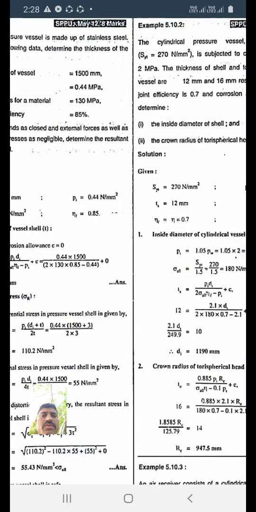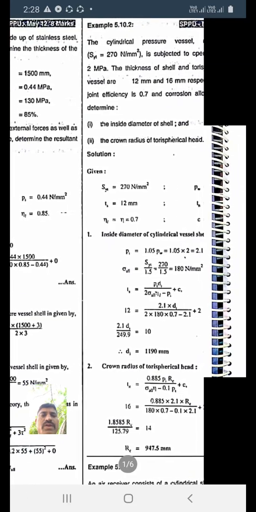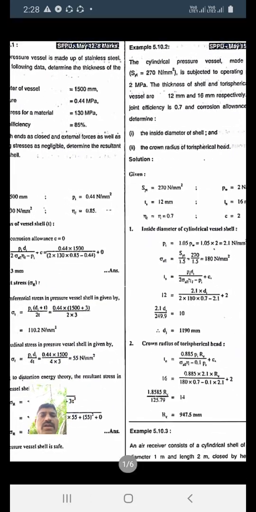The thickness of the shell and torus spherical head of the vessel are 12 mm and 16 mm respectively. Okay, both thicknesses are given. TS is given and TH is given.